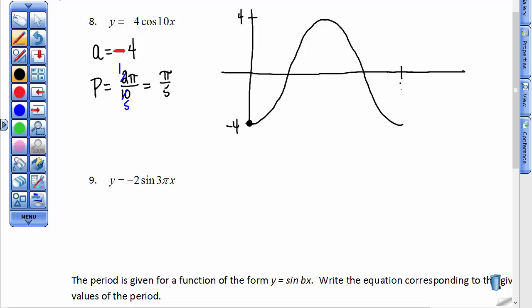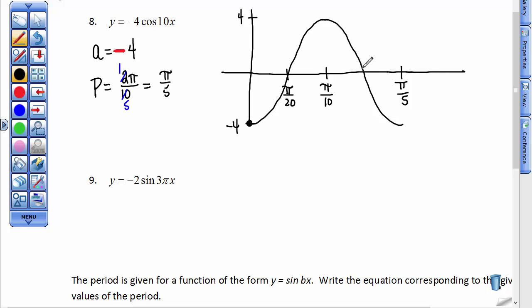So the period is pi over 5. So come halfway. Careful with the cosine curve, halfway is where it peaks out right there. So this would be pi over 10, because half of this would make that pi over 10. This would be pi over 20, because half of this, take that 10, multiply by 2, pi over 20.